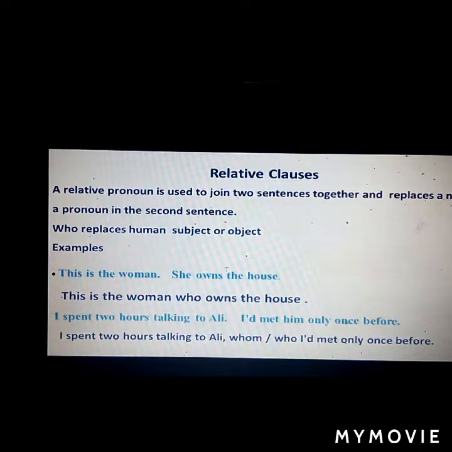To refer to Ali عشان نشير لعلي استخدمنا whom and who. Who can be for subject and object, but whom can only for object only. بستخدم who إذا كان عندي فاعل أو مفعول عاقل، لكن whom بستخدمها للمفعول العاقل بس.